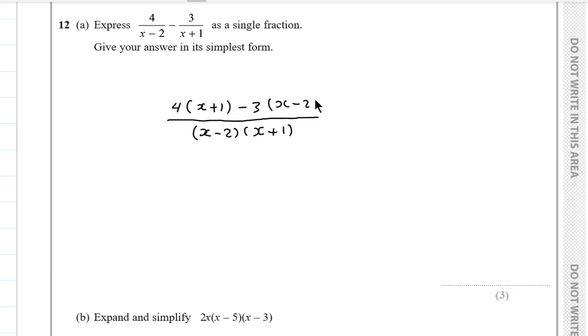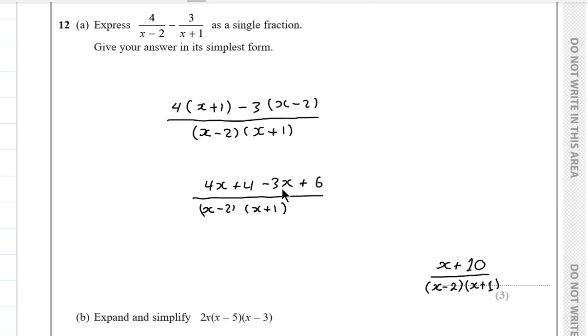Then expand each bracket to have 4x plus 4, negative 3x, and here we have a common mistake: negative times negative is positive, plus 6, divided by x minus 2 multiplied by x plus 1. This simplifies to 4x minus 3x is x, 4 plus 6 is 10, and we keep the same brackets in the denominator.